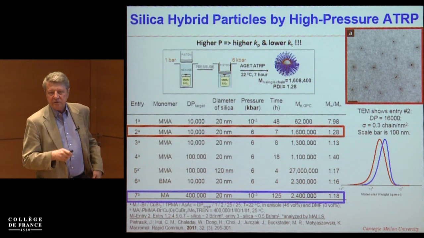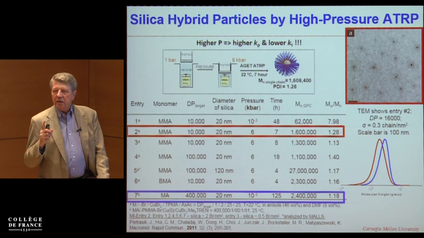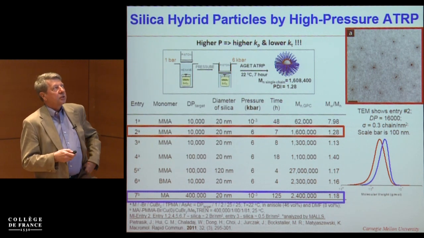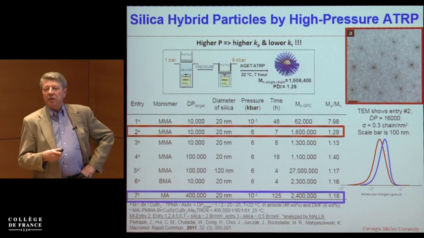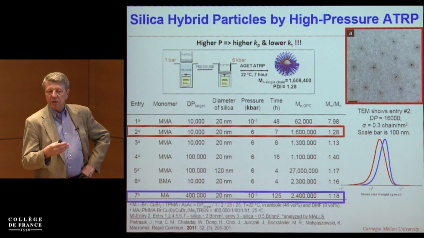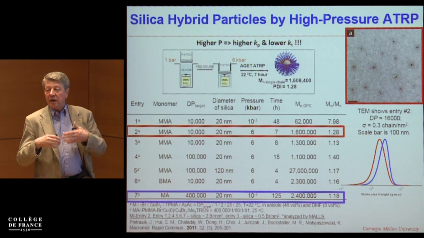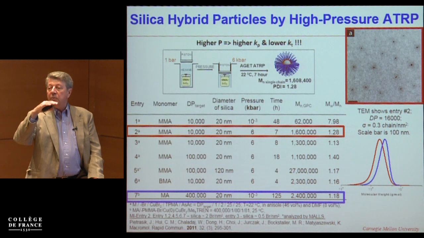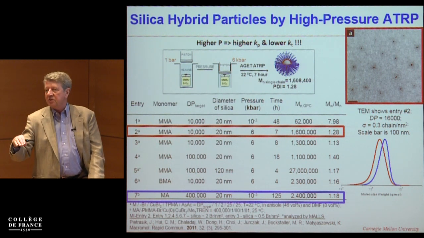I made a similar example during the first lecture, but I think it's really one way to make very well-defined polymers. So here, if I go to higher pressure, generally propagation rate coefficients would increase because we have a negative volume of activation, but termination, in fact, will decrease because you will have a higher pressure, higher viscosity, and therefore the diffusion control limit will drop from 10 to the power 9 to 10 to the power 8, 7, sometimes even 6.